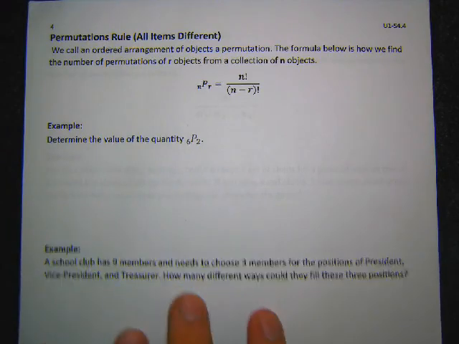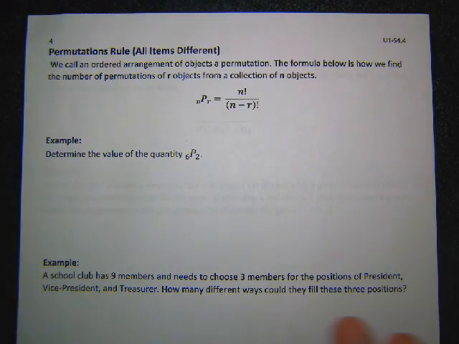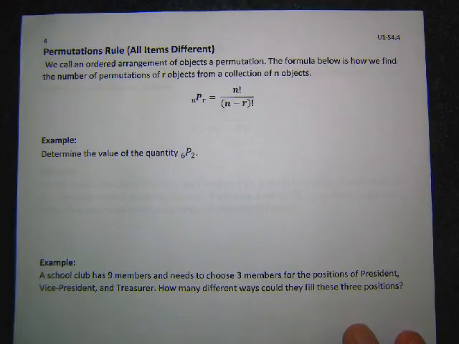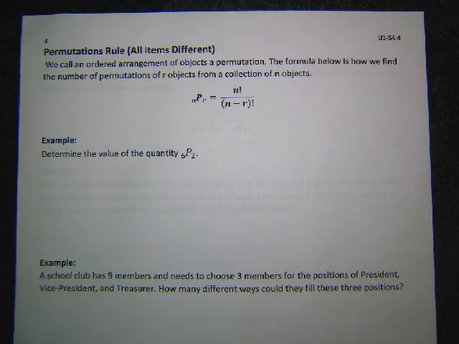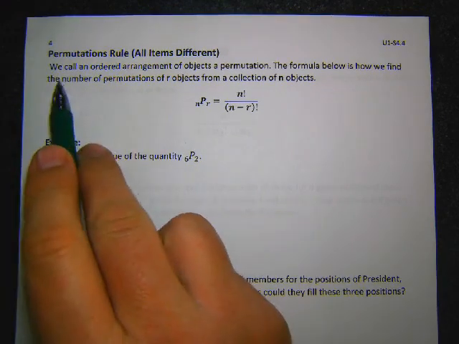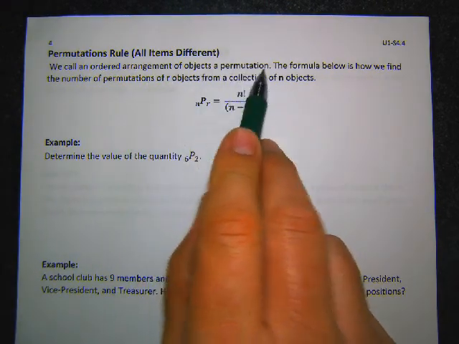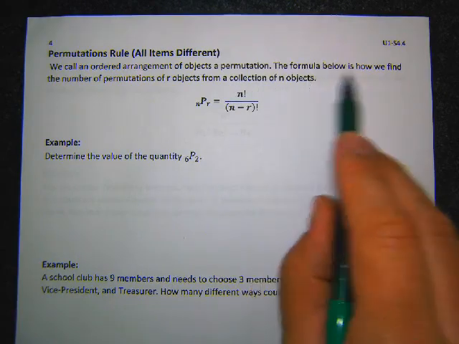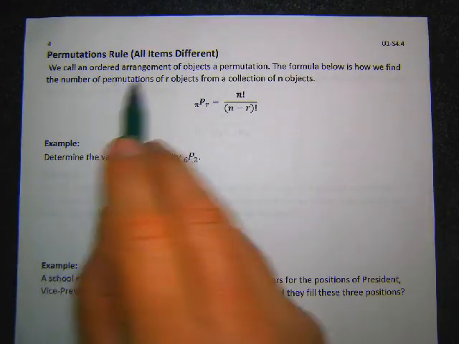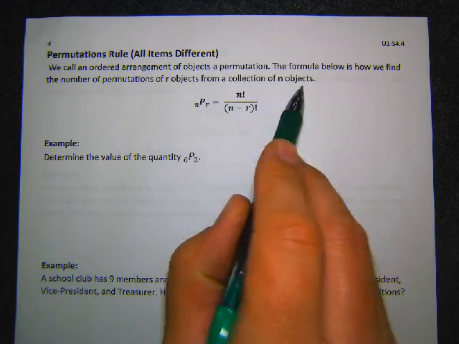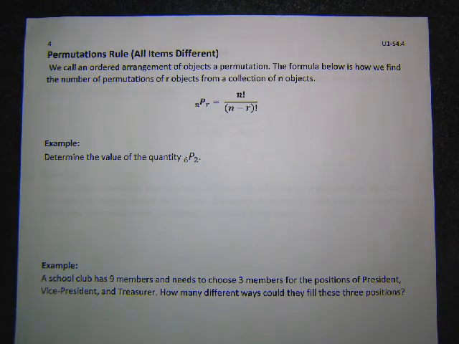Now, sometimes you might work with choosing the orders for things where some of the objects are identical. So that's what this next one's done with. So permutation rule, we call an ordered arrangement of objects a permutation. So ordering things, we call it a permutation. That's a fancy name for it. Formula below is how we find the number of permutations of R objects from a collection of N objects. So in this case, we're looking for not everything.